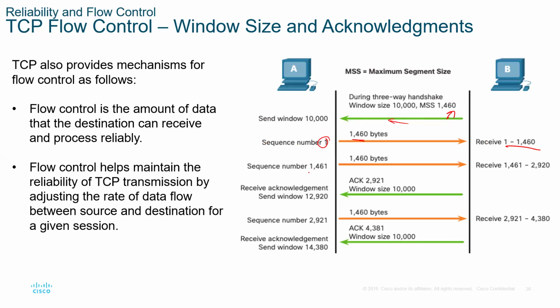I can send another because I have a window of 10,000. The receiver gets 1460 times 2, which is 2920. The acknowledgement comes back. You can see the acknowledgement number is 2921, meaning we have received the first 2920 bytes.